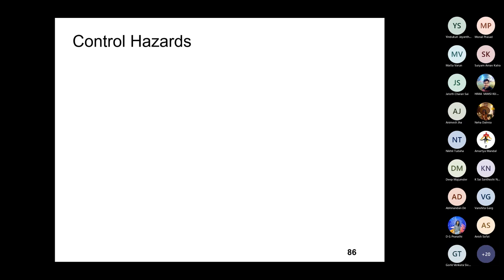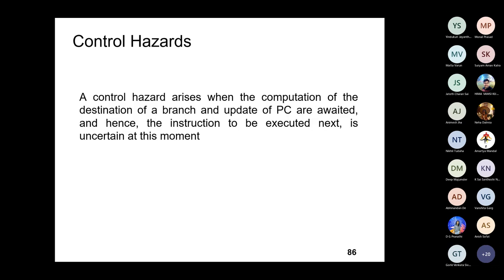If the branch is not taken, then it will be executed. Otherwise, the instruction which lies at the target address would be executed. So therefore, there may be a need for flushing out the next instruction if it has already entered, which causes hazard. So this is what is called control hazard.